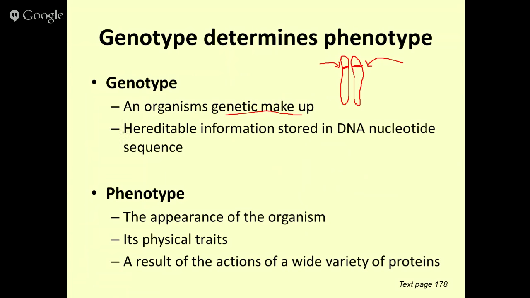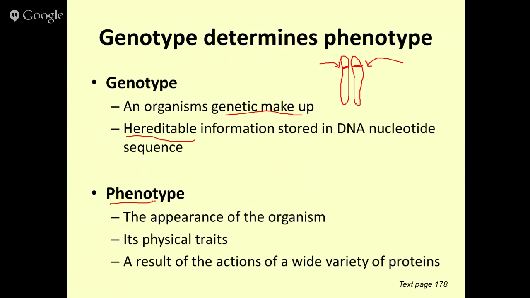So we've got all of this hereditable information stored in our chromosomes on our DNA nucleotide sequence. However, we're only going to express probably one of this pair of genes. So we're going to pick an eye color, either brown or blue, and then that's the one that we're going to express. So when we say a protein is expressed, we mean that the protein is being synthesized. The protein is being made.